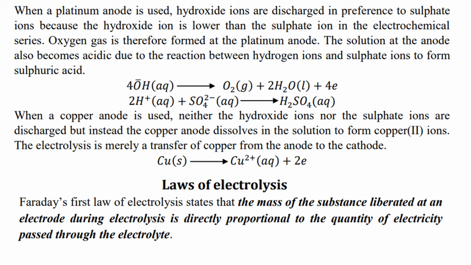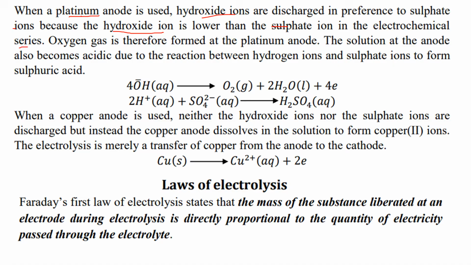So using the platinum anode, the hydroxide ions are going to be discharged in preference to the sulfate ions because here, when you're using the platinum anode, you're going to consider the position in the electrochemical series. The reason is that the hydroxide ion is lower than the sulfate ion in the electrochemical series.